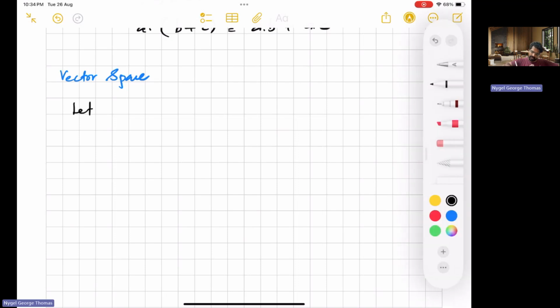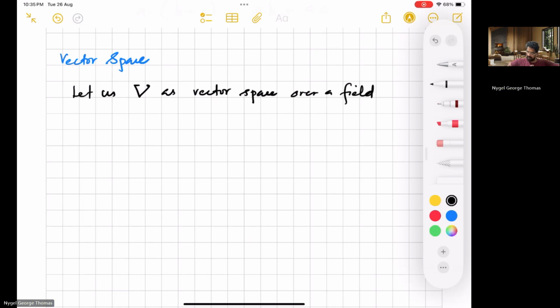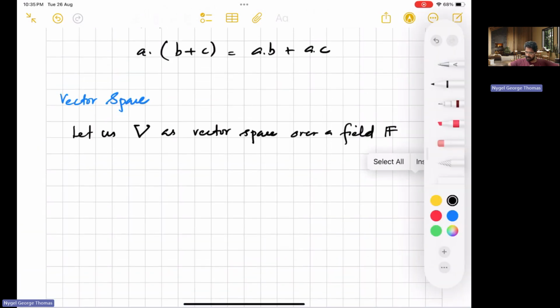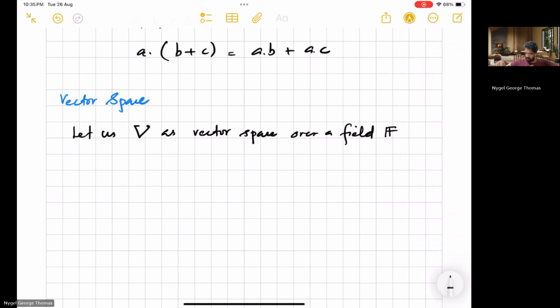Let us call a script V a vector space over a field F. So whenever we are discussing vector spaces, we have to define it over a particular field. A vector space has to satisfy the following.